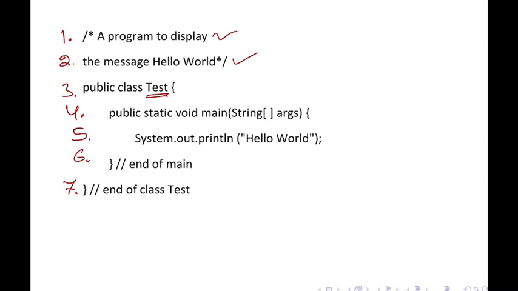So by convention, the class name starts with an uppercase letter or capital letter. So here you can see the class name is test and it starts with the uppercase letter T. So it is a general convention to name a class.